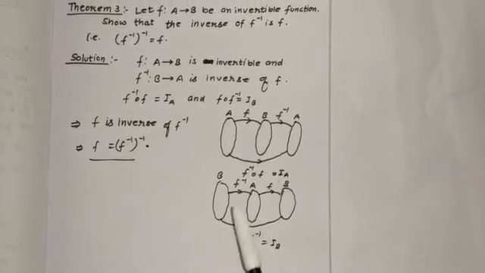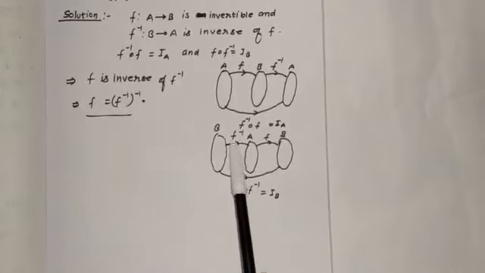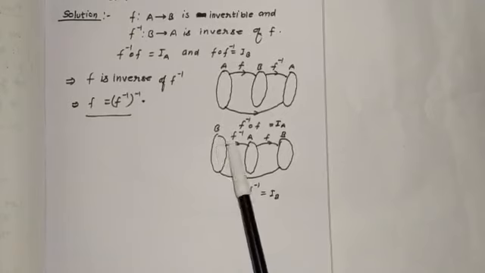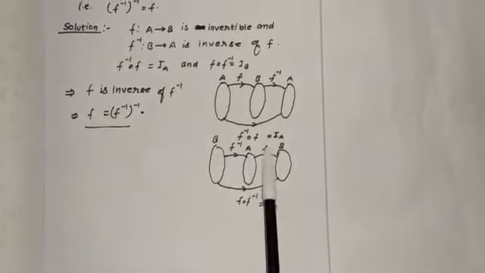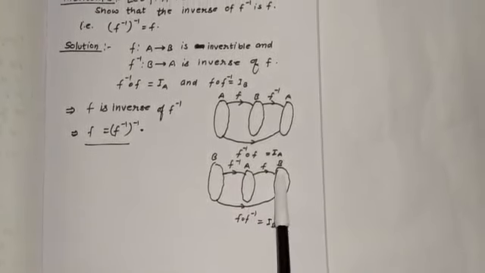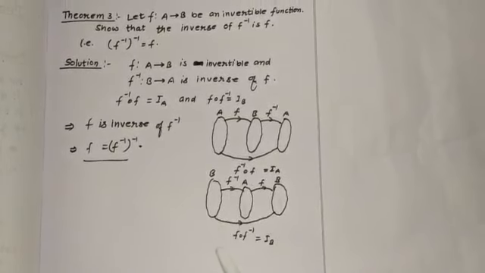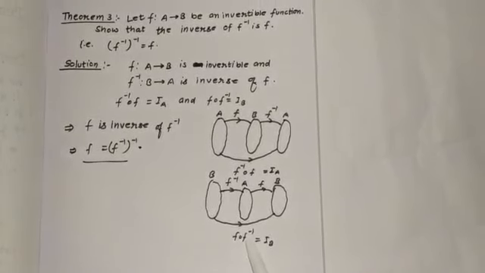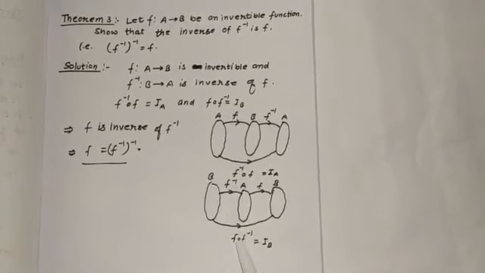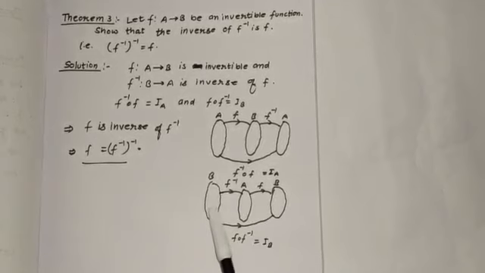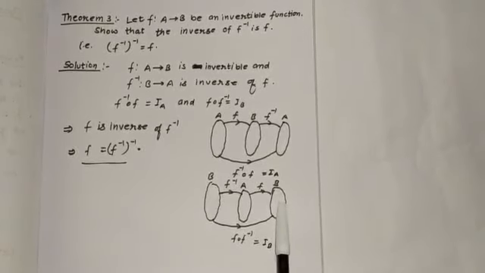And now compose the two functions f inverse and f like this. As we discussed above, f inverse maps from B to A and f maps from A to B. Now composing these two functions, this will be f of f inverse, which maps from set B to set B. Composition of functions from the same set to the same set will be an identity function.